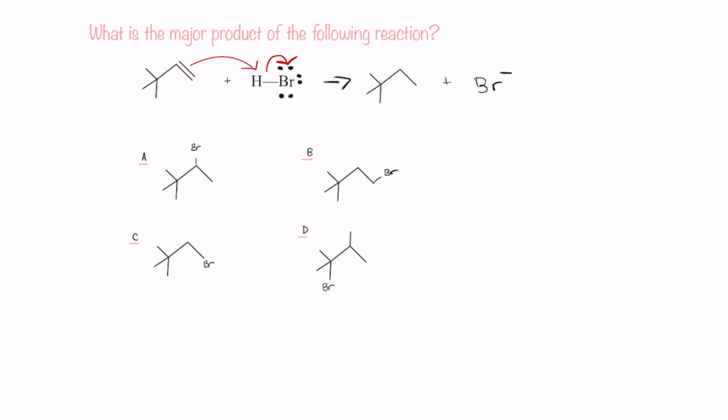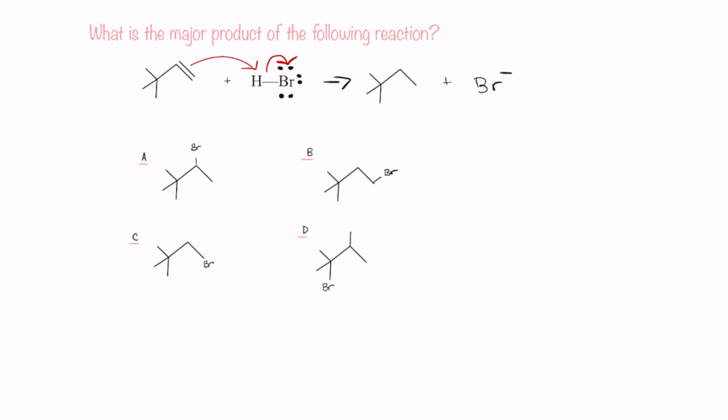Now, where are we going to draw the carbocation? Well, if we put the hydrogen over here, we have to draw the carbocation here. And if we draw the hydrogen here, then we're going to have to draw the carbocation here. Because remember, whoever doesn't get the hydrogen has a missing bond. So which carbocation is better? Is it better to have a carbocation here or here?